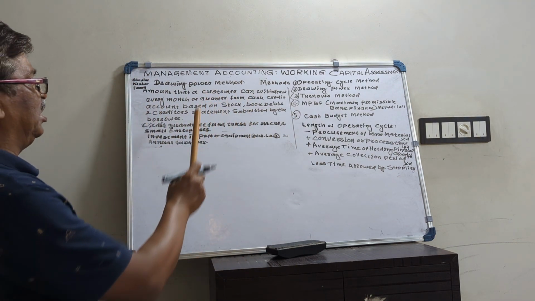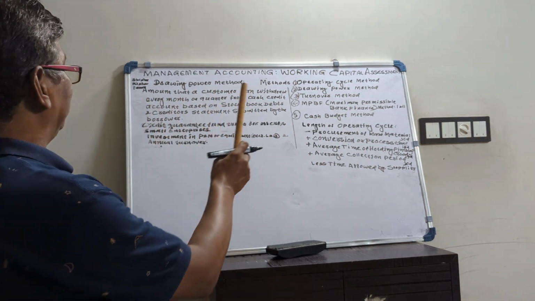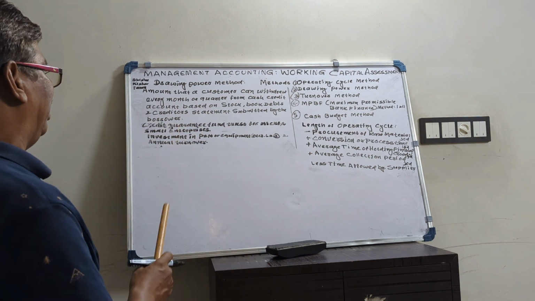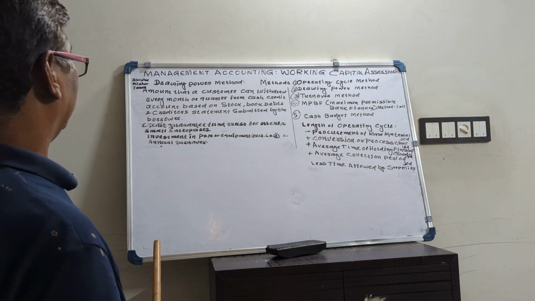It is the amount that a customer can withdraw every month or quarter from the cash credit account based on the stock, book debt and creditor statement submitted by the borrower.